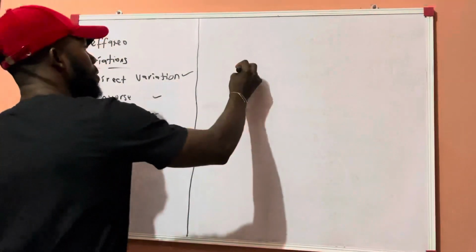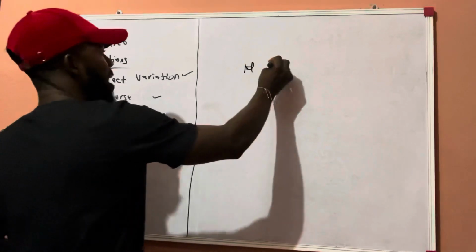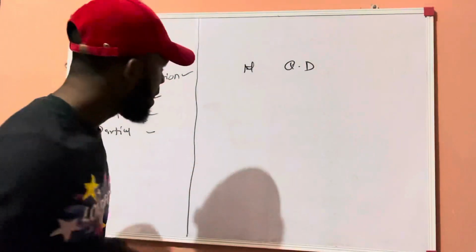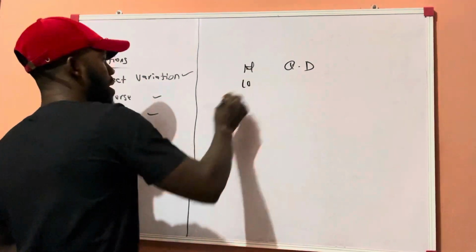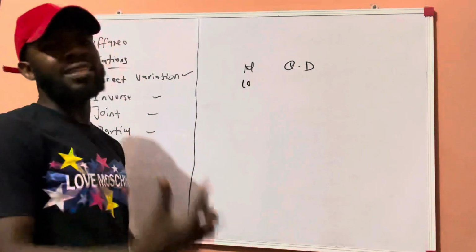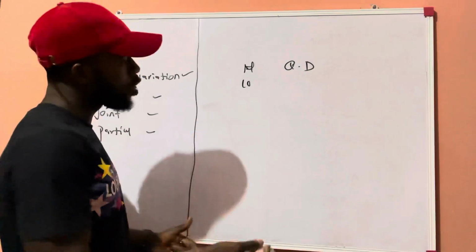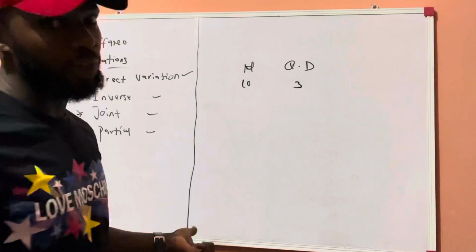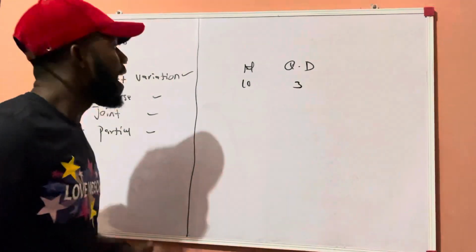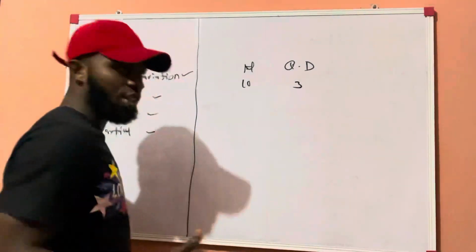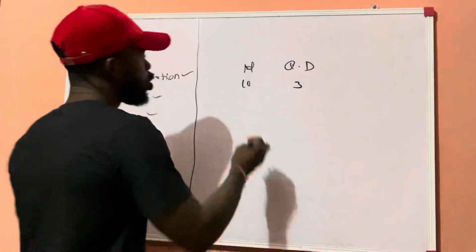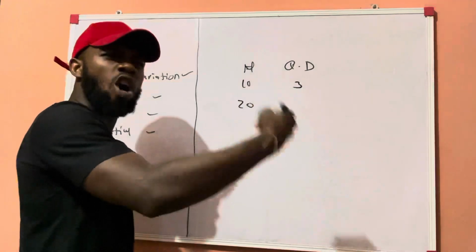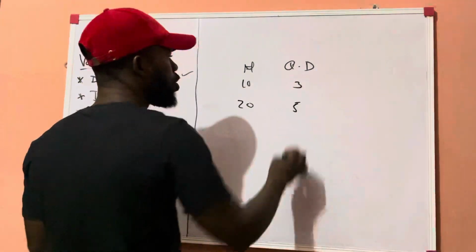If Naira represents the price and QD represents the quantity demanded, the price is 10 Naira and the quantity demanded of pairs of shoes is 3. Let's assume that can't be possible, but let's just assume. Then the price increases from 10 Naira to 20 Naira, and the quantity demanded also increases from 3 to 5.